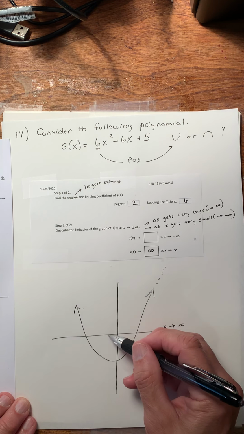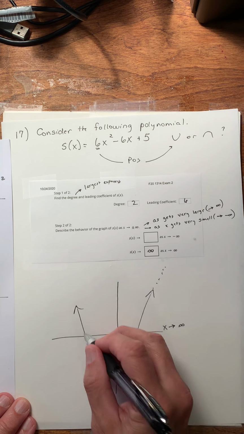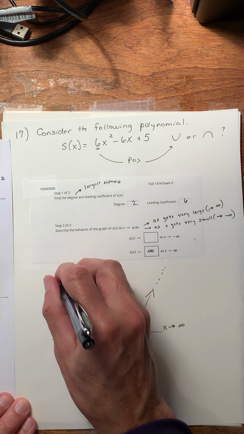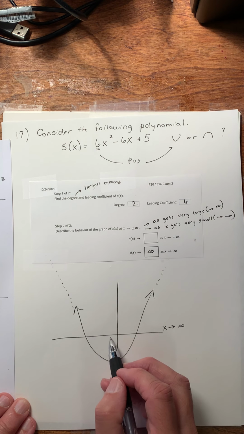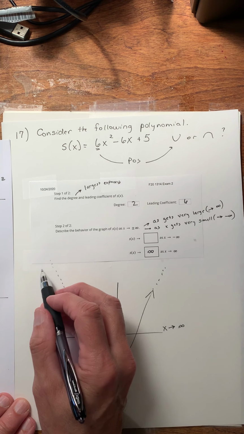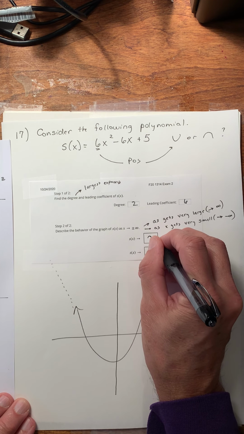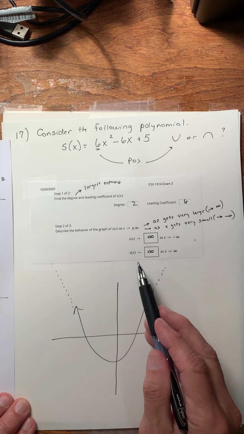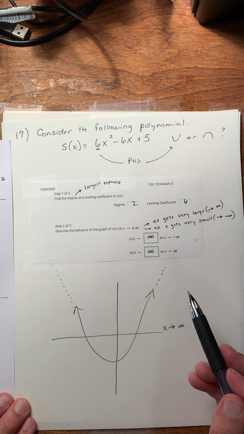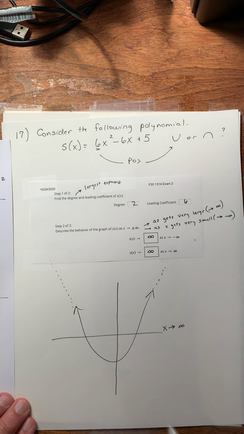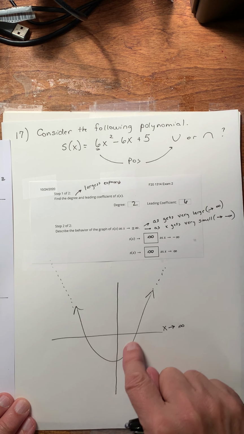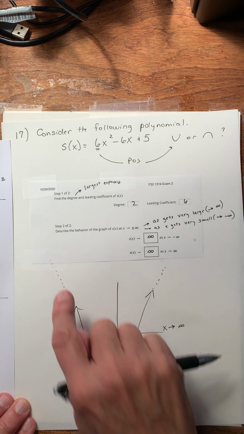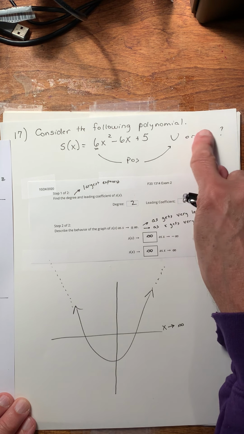As my x's are getting very, very small, my y's are getting very, very large again. They're not approaching negative infinity. So my s of x is approaching infinity as well. So if I can sketch the graph, depending on whether this is positive or negative, either my y's are going to be getting very large, or if it was like this, they'd be getting very small.